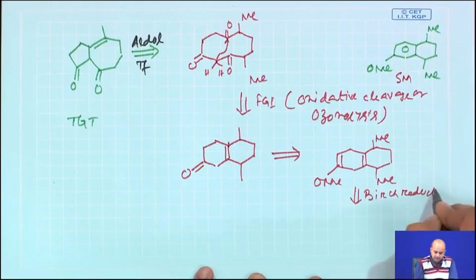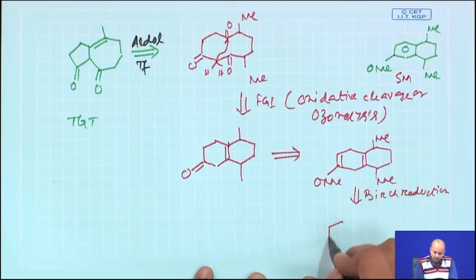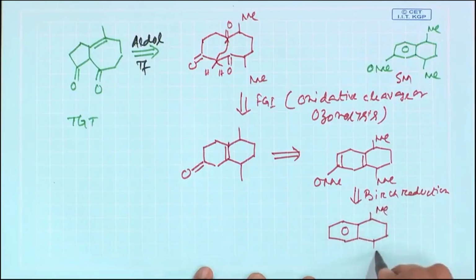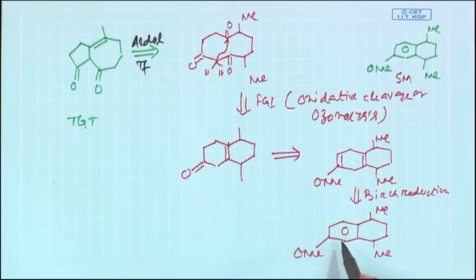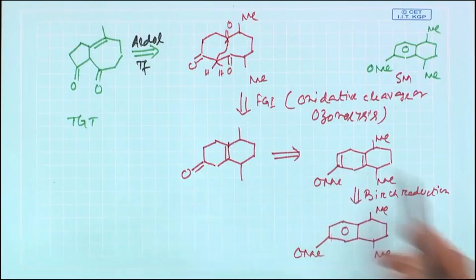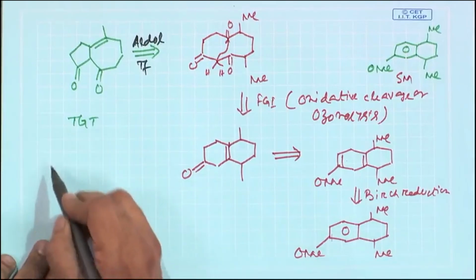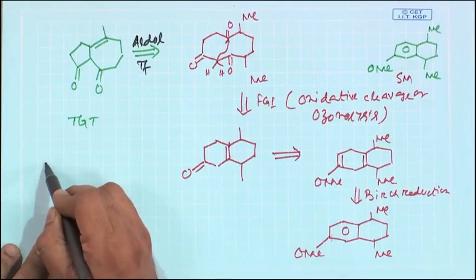Now, the Birch reduction mechanism, all of you are familiar with, and we have also explained earlier that if you have an electron-releasing group, the regiochemistry was explained to you. So, for an electron-releasing group you get this regiochemistry, this compound. Birch reduction is a very useful reduction. Now, this entire transformation you can formulate.